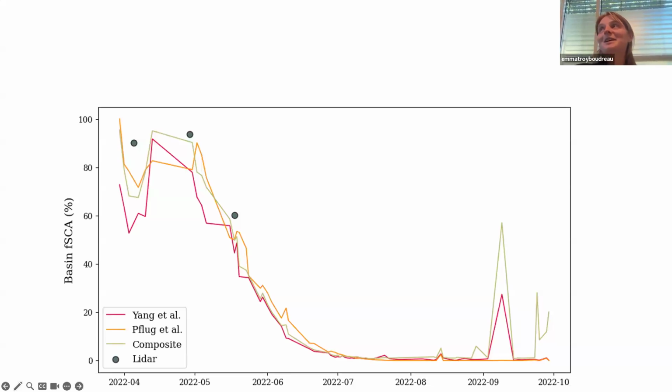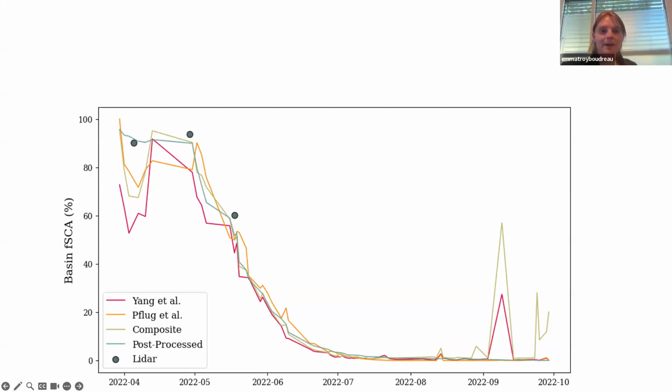It means that our model is identifying a bit more snow in the forest, which was the idea behind the composite model and why we trained one model in the forest and one in the open. We really wanted to get as much information from those darker forest snow pixels as we could.